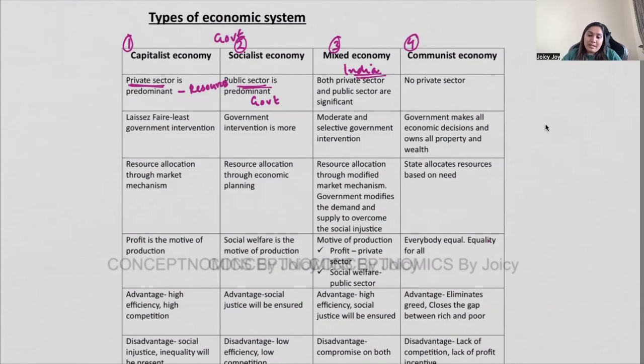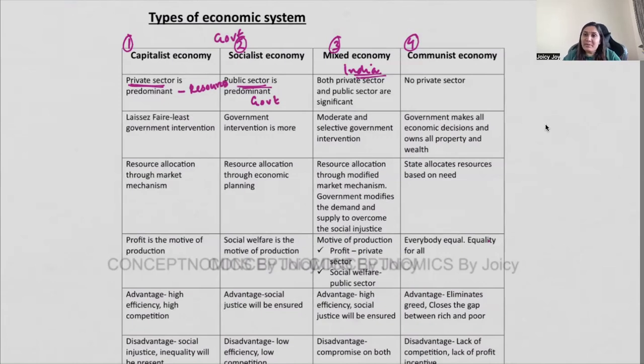So in case of a mixed economy, both the private sector and the public sector are significant, which means that in those cases where the government feels that welfare is very important, government would step in, and wherever competition has to be promoted, government would promote the private sector. So both the private sector and the public sector are important here.